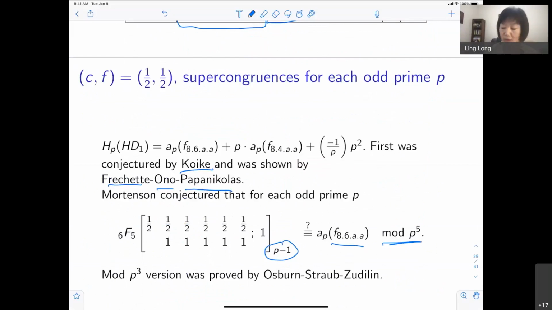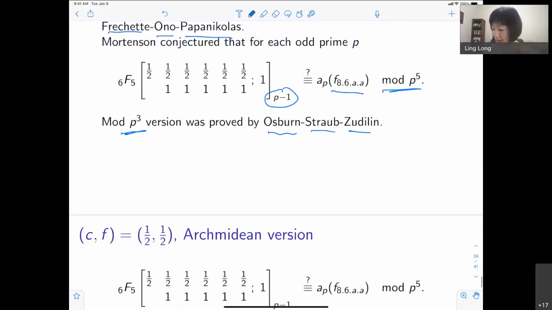And his conjecture was proved in part, for the mod p^3 version, by Rob Osburn, Armin Straub, and Wadim Zudilin.